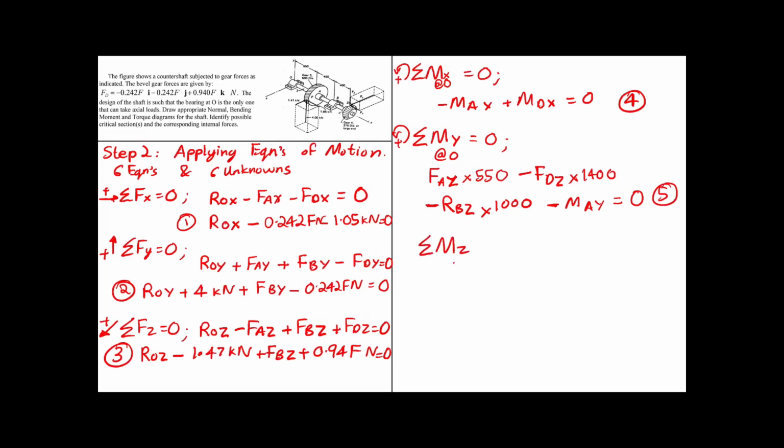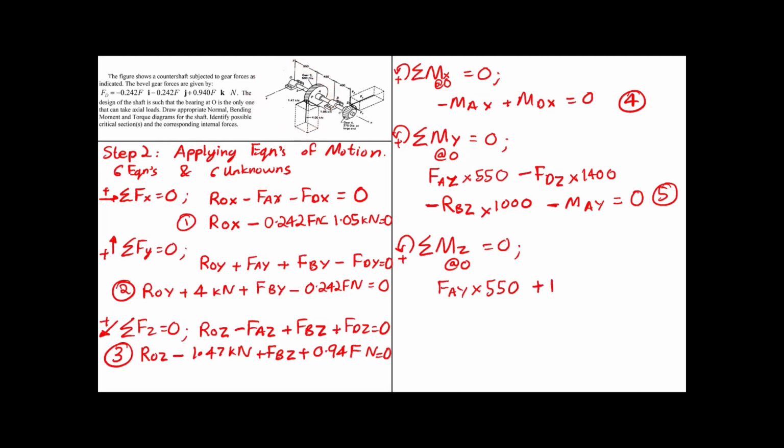And now let's take moment about z at O equals 0, keeping counterclockwise as positive. So now we have FAY, which is this force that would create a moment about the z-axis, and it is counterclockwise. So there will be FAY times the perpendicular distance, which is 550, and due to RBY, again we are assuming it's positive, so it should be counterclockwise as well.